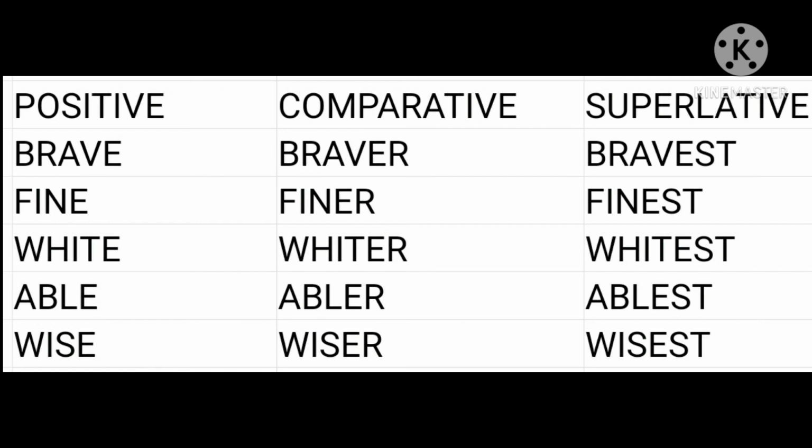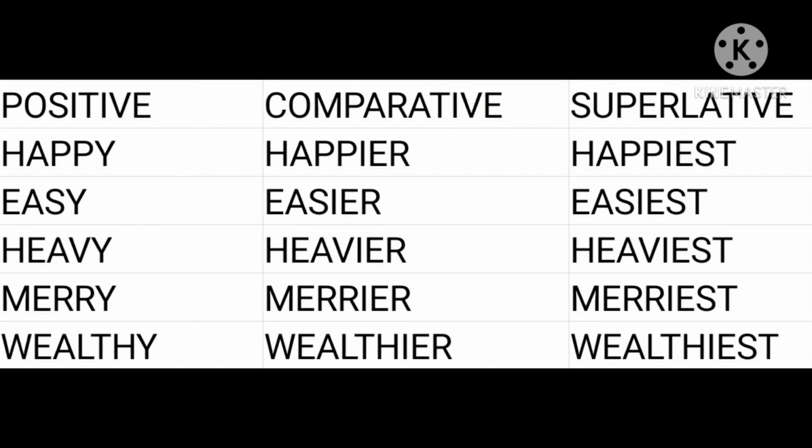Sometimes the positive word or adjective ends in y preceded by a consonant, and the y changes into i before adding er or est, like happy, happier, happiest; easy, easier, easiest; heavy, heavier, heaviest; merry, merrier, merriest; wealthy, wealthier, wealthiest.